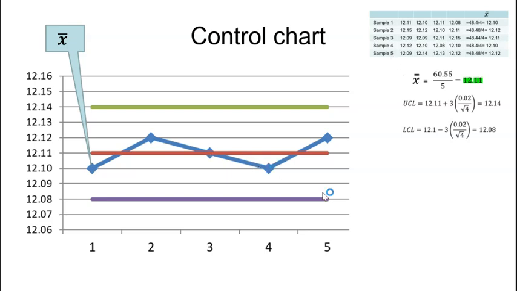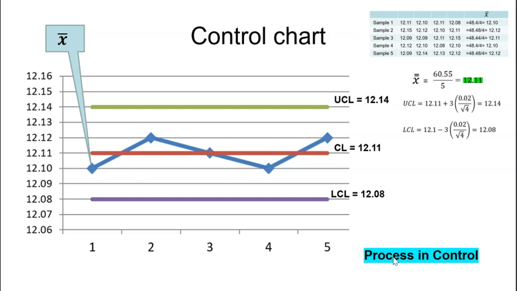So you need to have 5 sample X bars. Then you draw the central line first, where CL is 12.11 from X bar, and then the UCL 12.14 and the LCL 12.08. What you can conclude from this is that none of the X bars exceeds the UCL and LCL, so the process is in control.